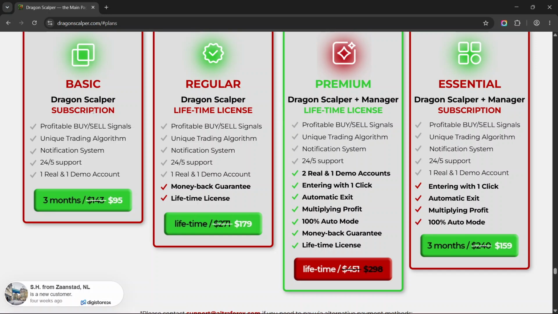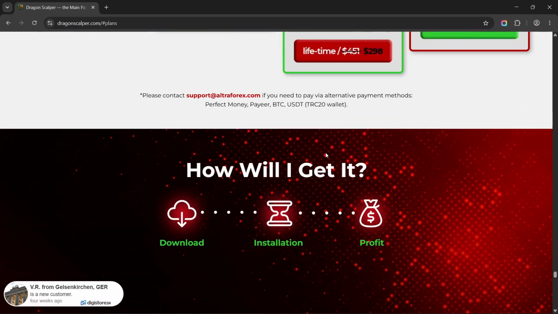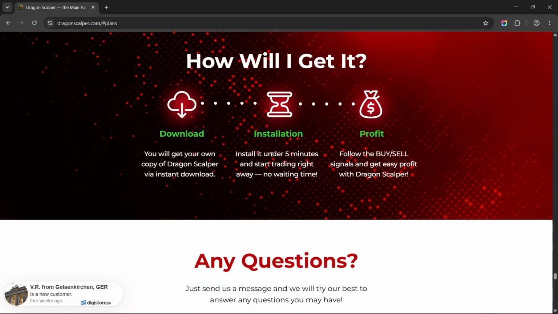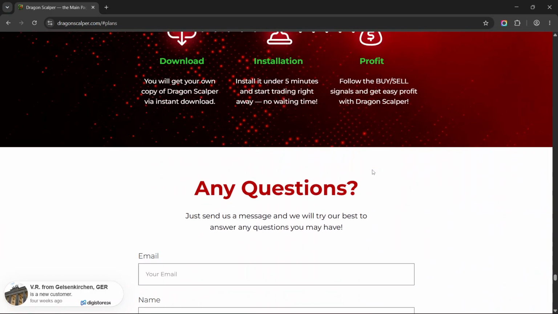If we go through the plans, we have the basic at $95 for 3 months. The regular is a lifetime license at $179. Premium lifetime is $298, and essential for 3 months is $159. Each plan has multiple features. You can see it's under 5 minutes.